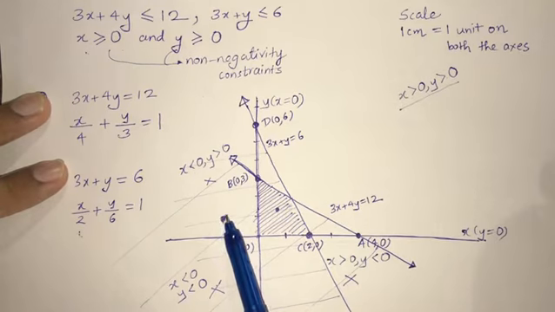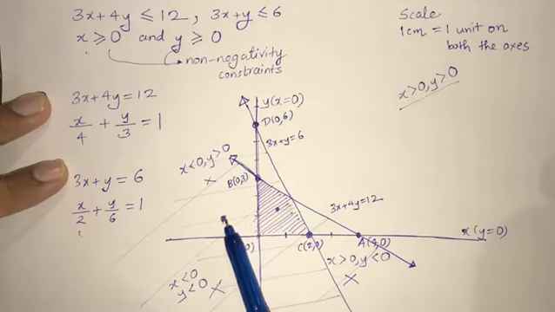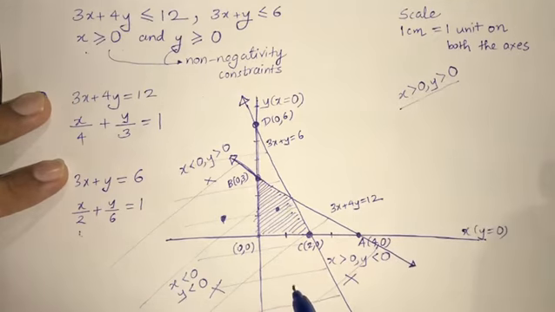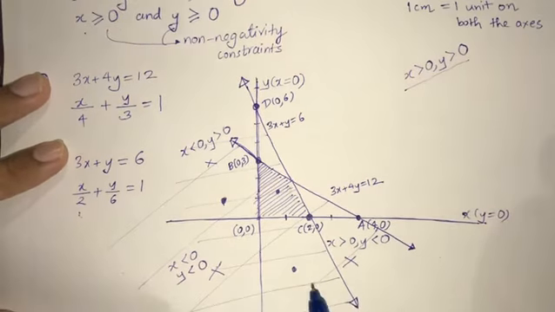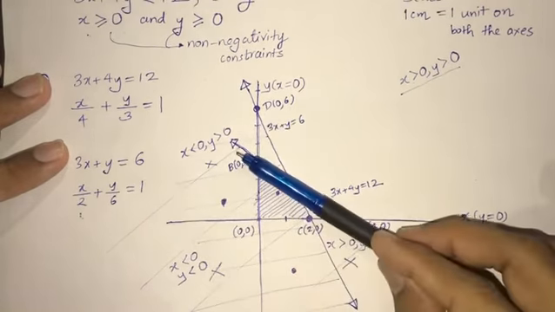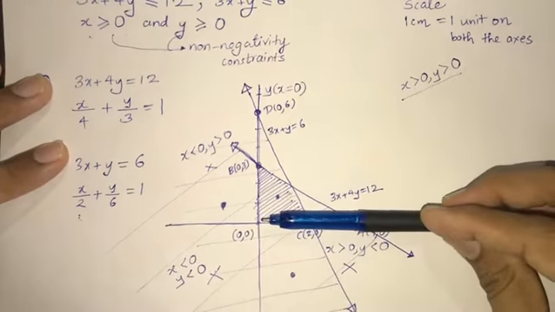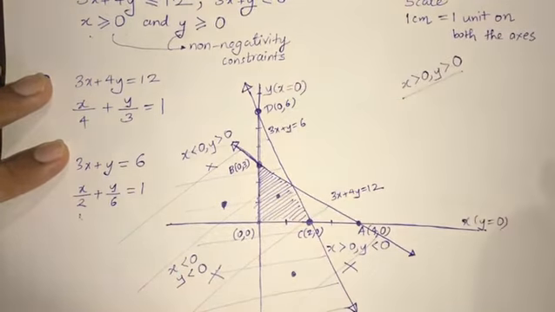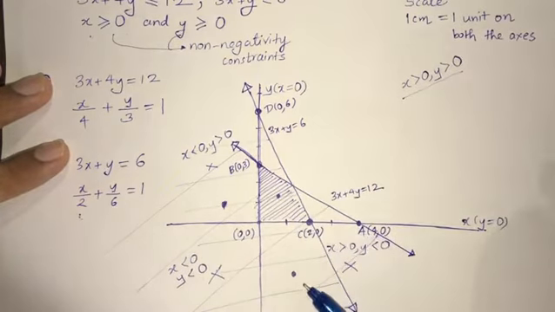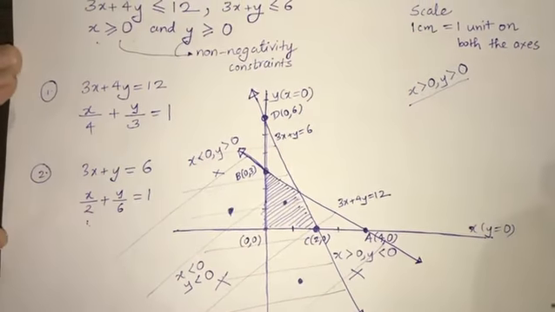If you take a point down here, it will satisfy 3x plus y less than 6 and 3x plus 4y less than 12, but it fails to satisfy y positive. Y coordinate positive, upside. Y coordinate negative, lower side. So this has y coordinate negative. Therefore, it does not satisfy the condition of first quadrant.